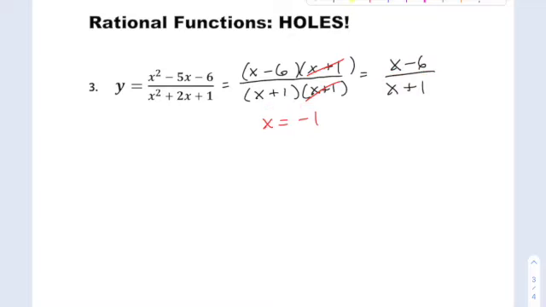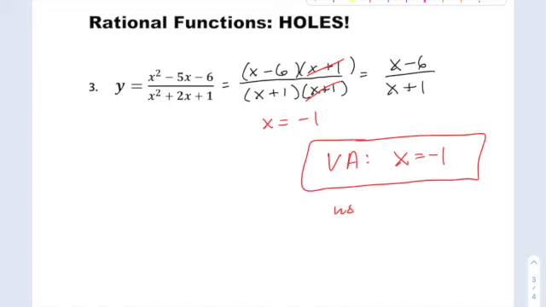It'll only be a hole if you can completely get rid of that quantity making it equal to 0. So this one has a vertical asymptote at x equals negative 1. And since there's no other quantity that I was able to cancel, there are no holes in this graph. Not every graph is going to have a hole or a vertical asymptote, so know when to tell the difference.